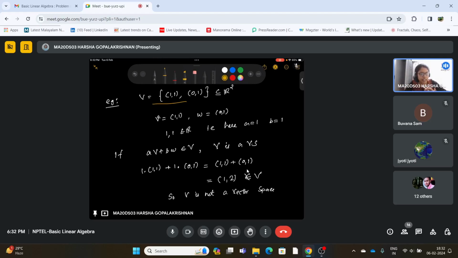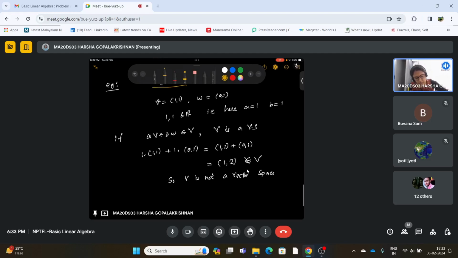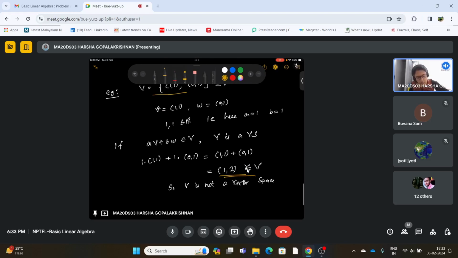If it is a vector space, addition means adding these two elements, which is a linear combination, correct? So I am just adding (1,1) and (0,1). What are we getting? (1,2). This (1,2) does not belong to V, because V contains only two elements, (1,1) and (0,1).